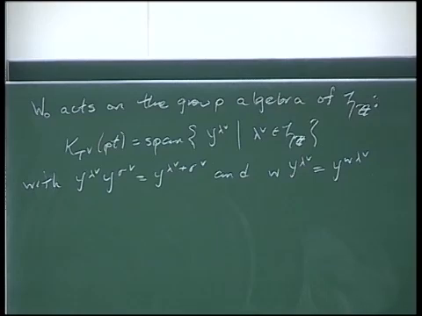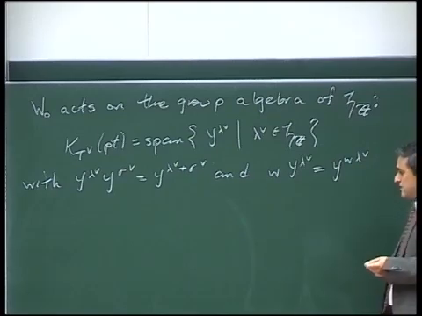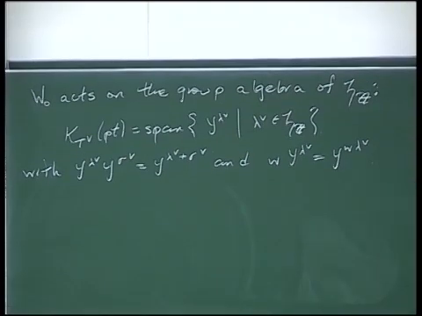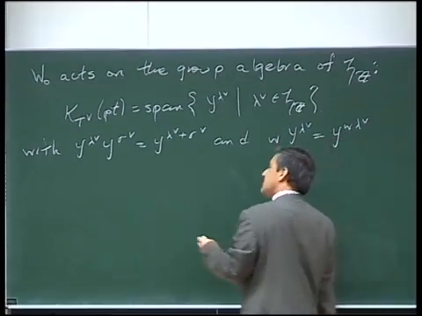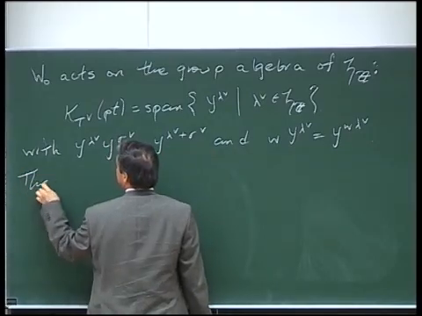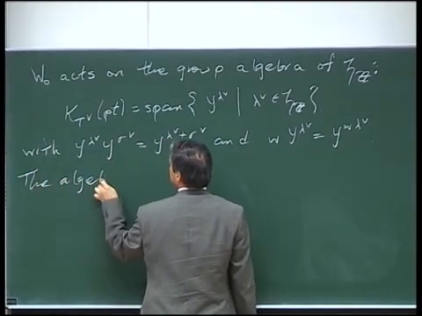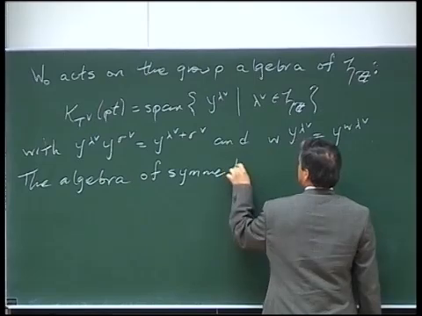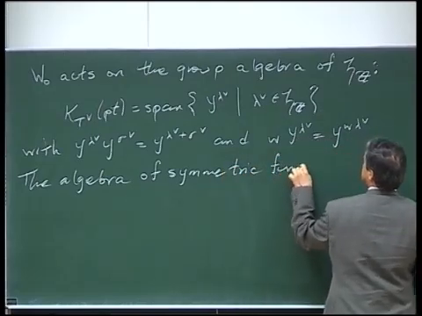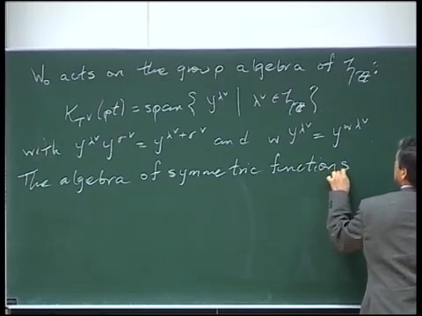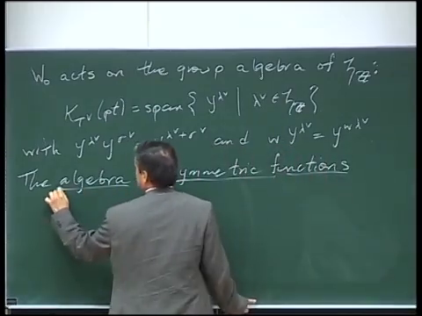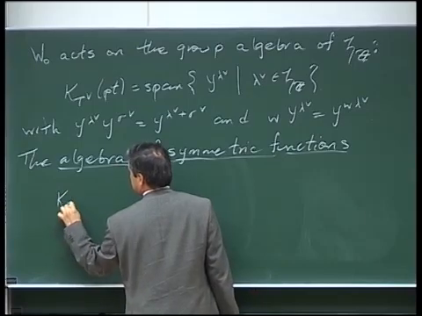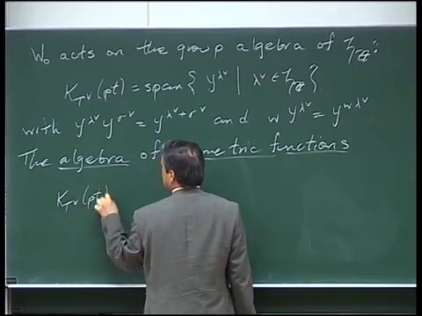Okay, so that's my ring of polynomials. That's what I think of as polynomials. It's really Laurent polynomials, as we saw last time, but for me, that's where the polynomials live. Okay, so the algebra of symmetric functions is then K_T check of a point to the W naught.